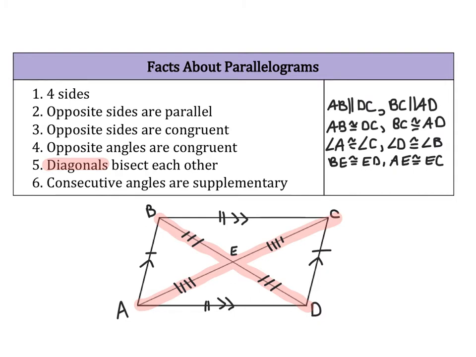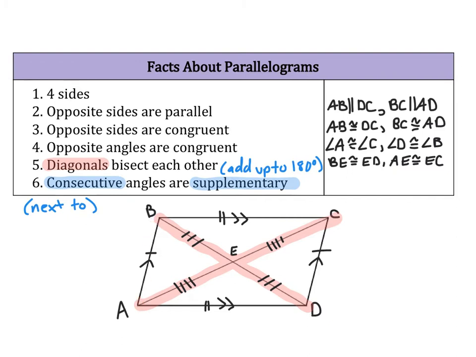Our last fact is a really useful one. It says that consecutive angles, meaning they are next to each other, are supplementary. Supplementary, if you recall, means that they add up to 180 degrees. There are a lot of different pairs of consecutive angles here.